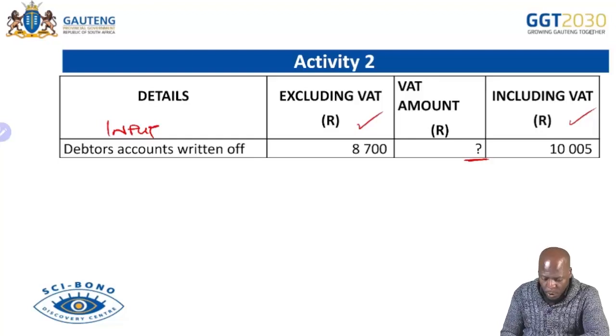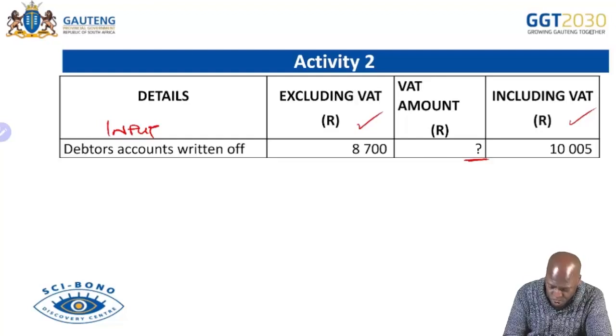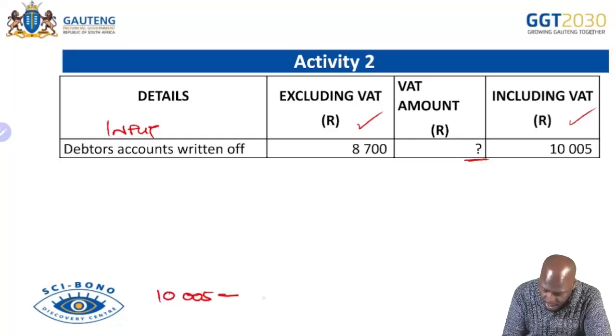Okay. Anyone to give me the answer? In this case, what you should do is say my including VAT, which is 10,005, I subtract my excluding VAT, which is 8,700.